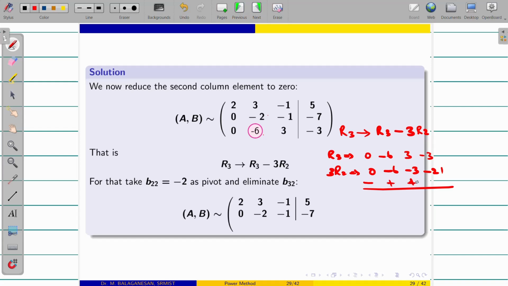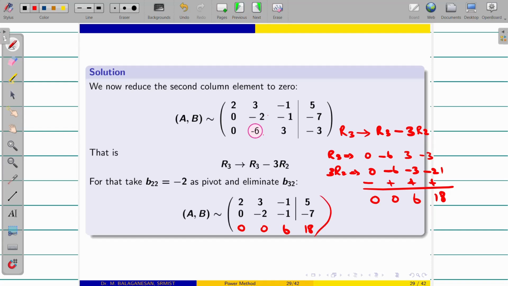Already the minus symbol is there, so if I'm subtracting it will be plus. So this will be 0, this also will be 0, and here it will be 3 plus 3, 6. What about here? Plus 18. That's it. So I have to write here 0 0 6 18.